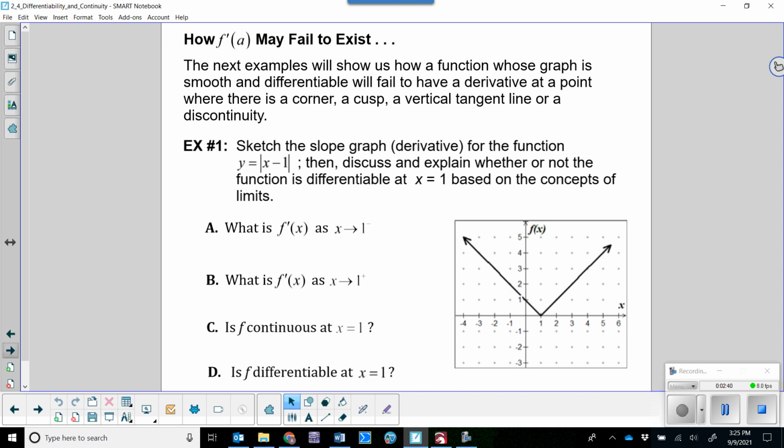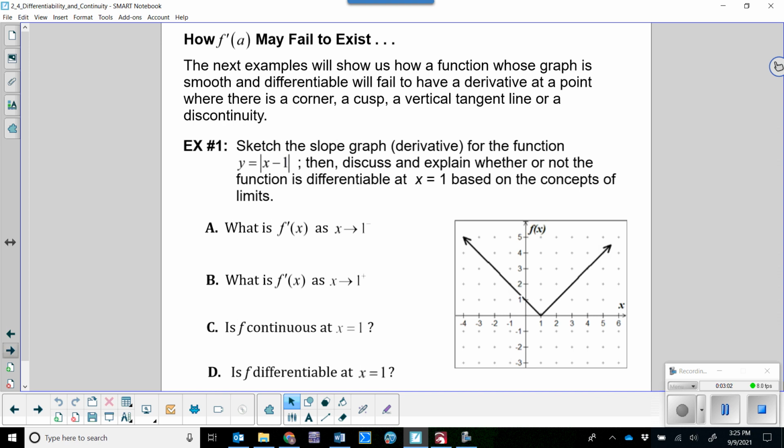All right, so if we look at the derivative for the function y equals absolute value of x minus 1, then we want to talk about what that shows us.